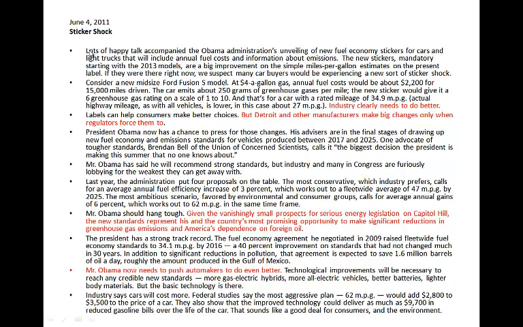When we read things like "lots of happy talk accompanied Obama's blah blah blah, new fuel stickers, blah blah blah," we could see much of this as not really contributing to the core argument here, maybe setting the stage, etc.